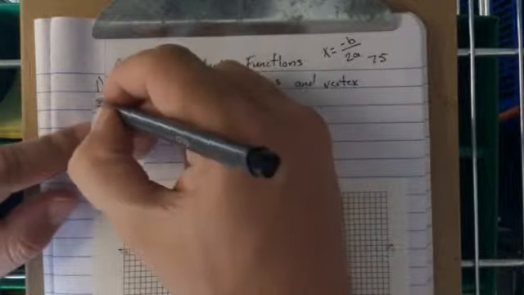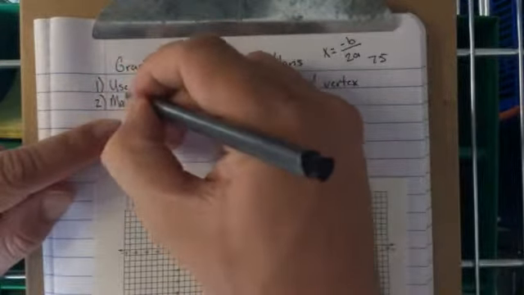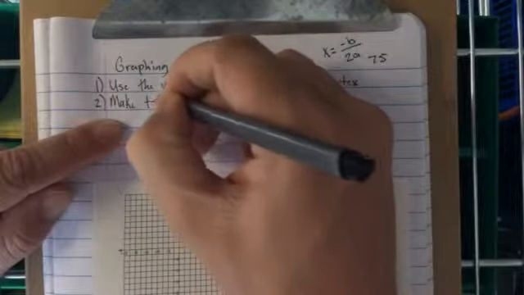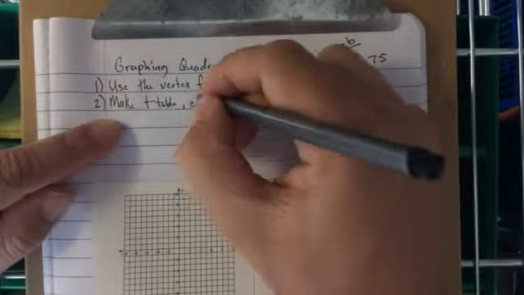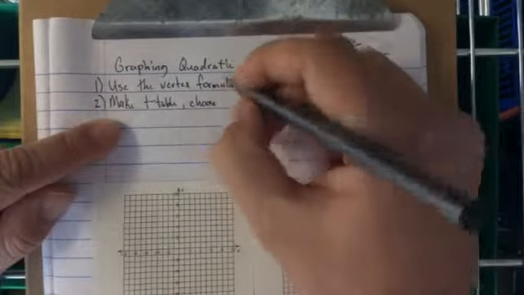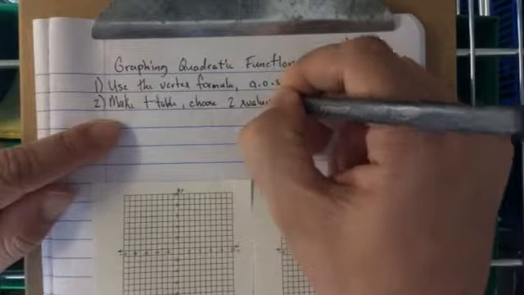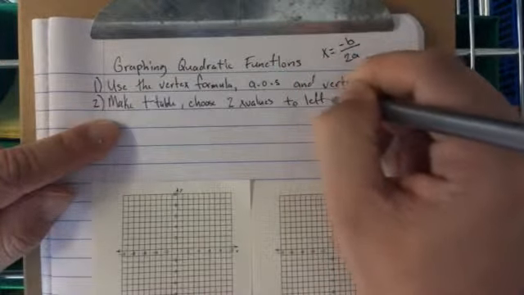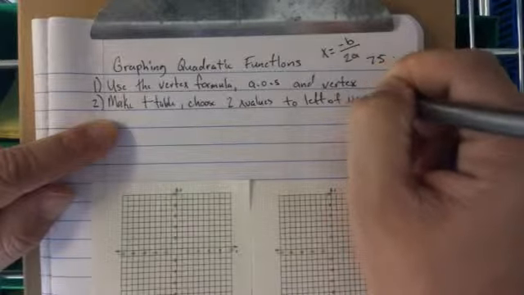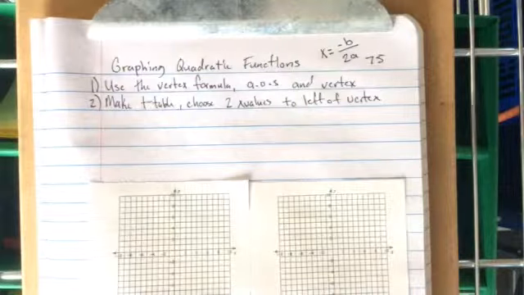Our second step will be to make a t-table and choose the two x values to the left of the vertex. So the two values in the negative direction of the vertex.